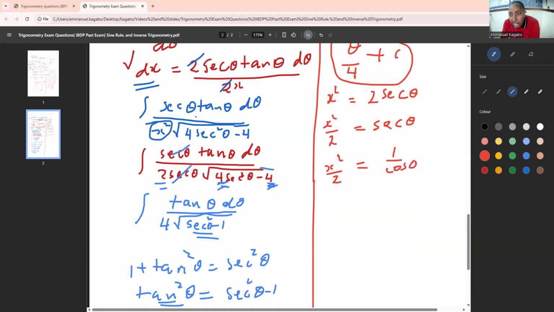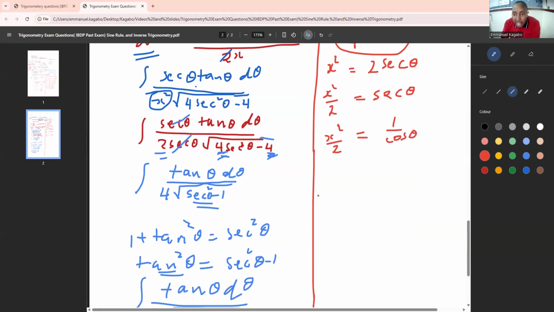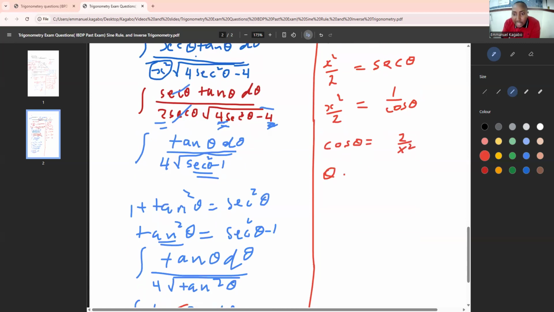Now, cross multiply, I'll get cos theta, which will give me 2 over x squared, right? Are we together here? Now, what about theta? Theta is going to be arc cos of 2 over x squared, right? Good.